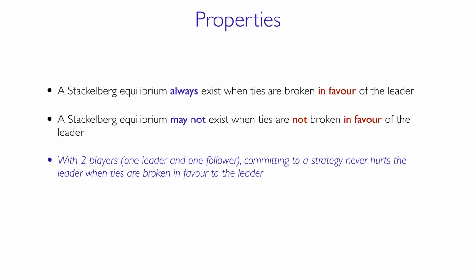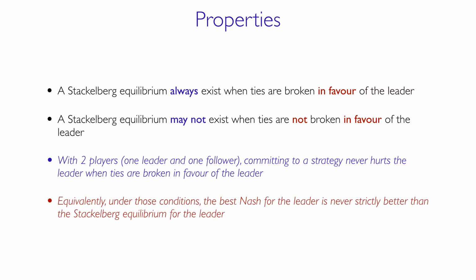Third, under some conditions, committing to a strategy never hurts the leader. These conditions are: there is a single leader and a single follower, and the ties of the follower are broken in favor of the leader. Equivalently, under those conditions, the Stackelberg equilibrium provides the leader a utility that is never smaller than the utility of the Nash equilibrium that is the best for the leader.